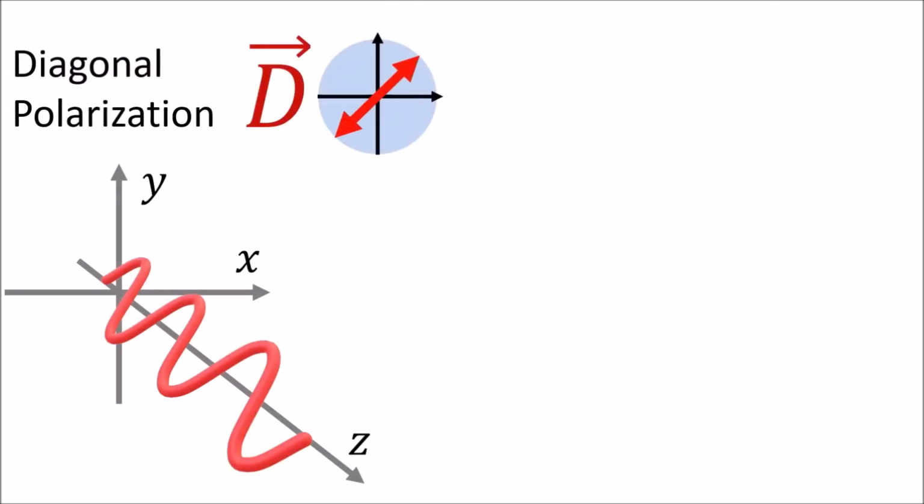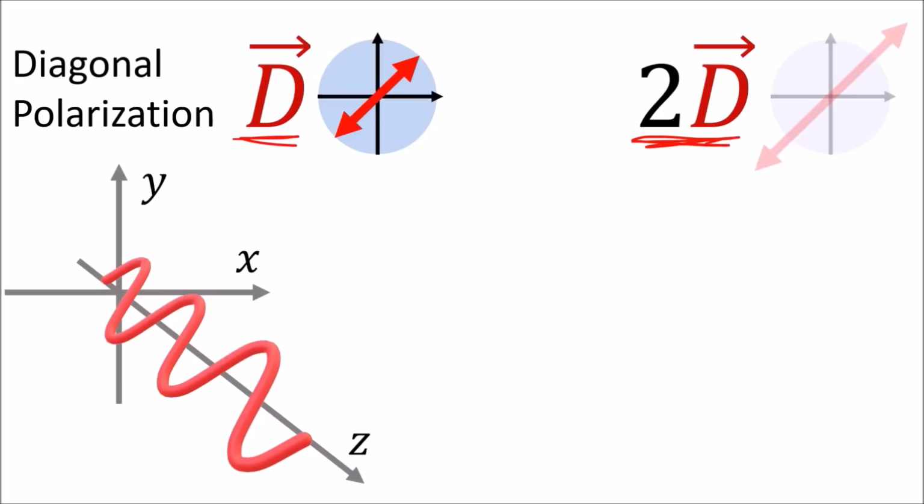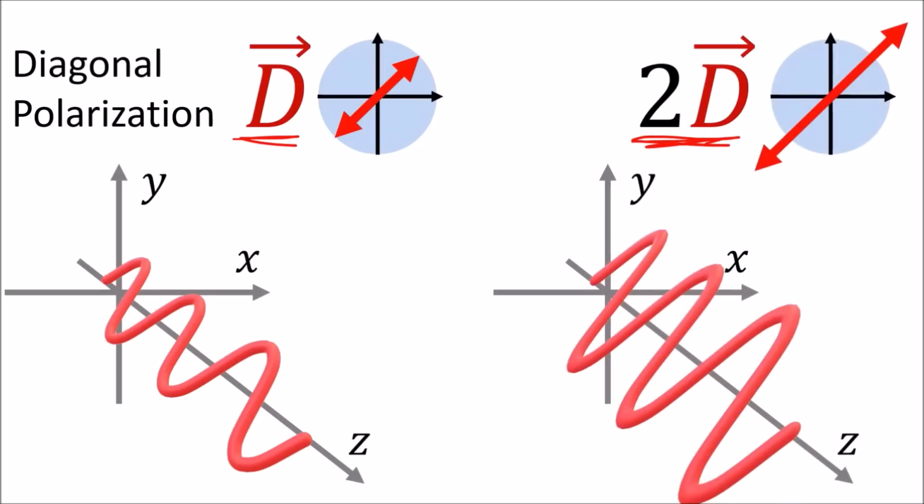Here's something else to consider. If we take a diagonally polarized Jones vector and multiply it by 2, all this does is double the amplitude of the wave. But the wave is still diagonally polarized, so the polarization is unchanged. So we've learned that multiplying a Jones vector by an overall scaling factor does not change the polarization.